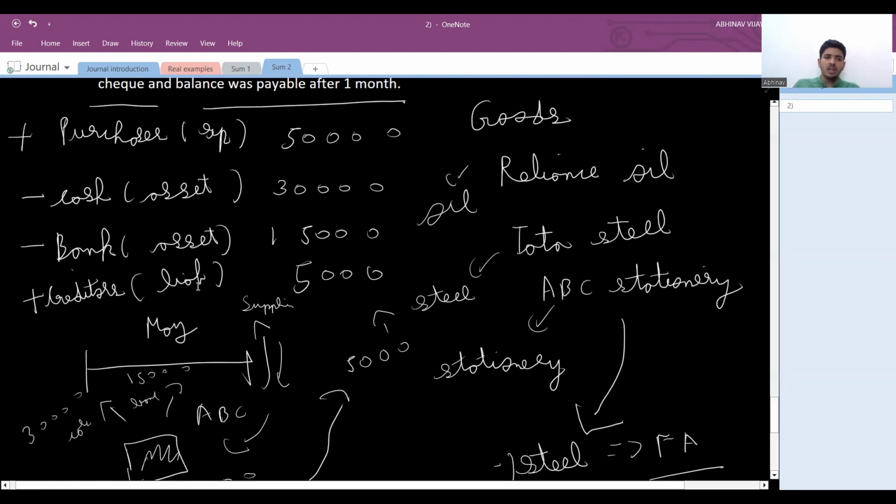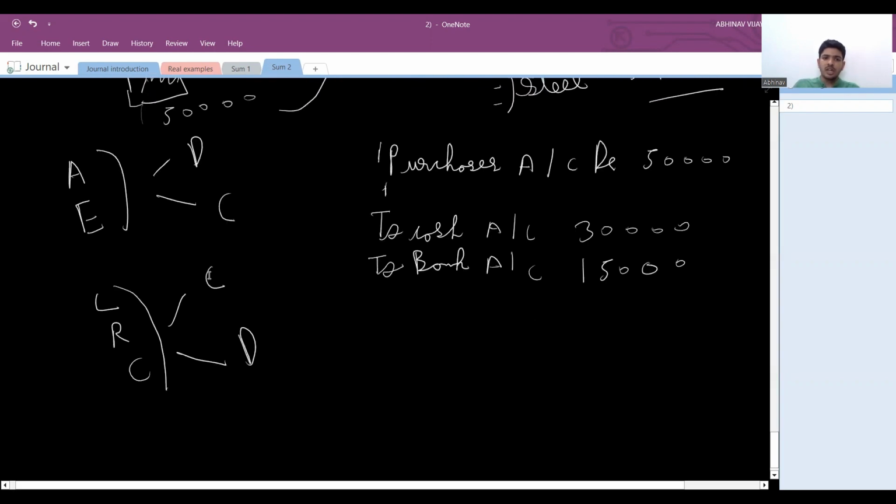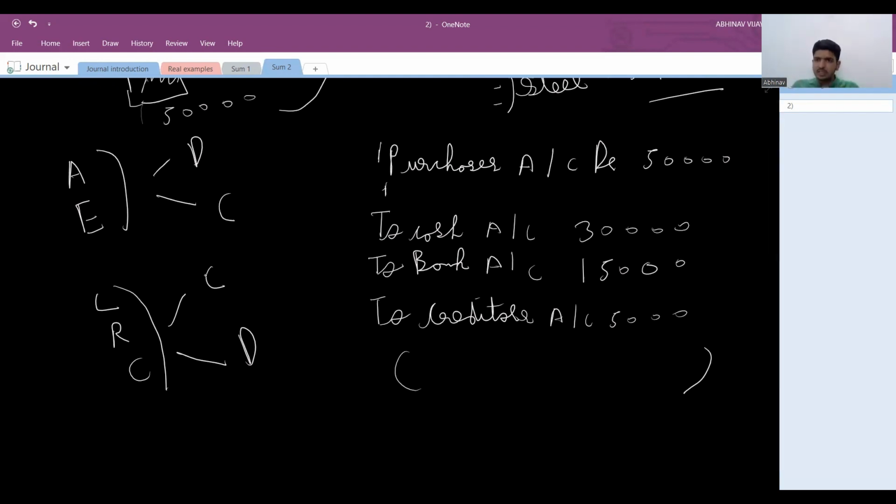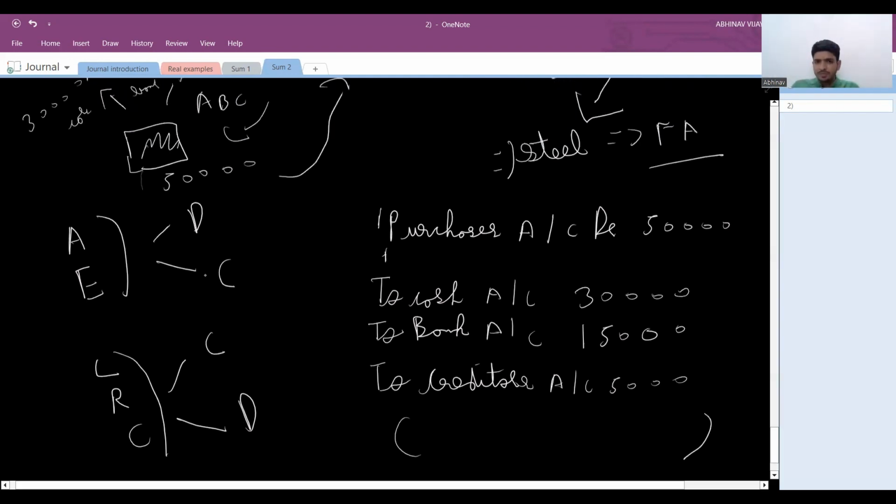Now finally, creditor is a liability. If liability increases, it will be credited. Now in the narration, you write purchased from cash 30,000, bank 15,000, creditor 5,000, or just write purchases made. That is also enough.